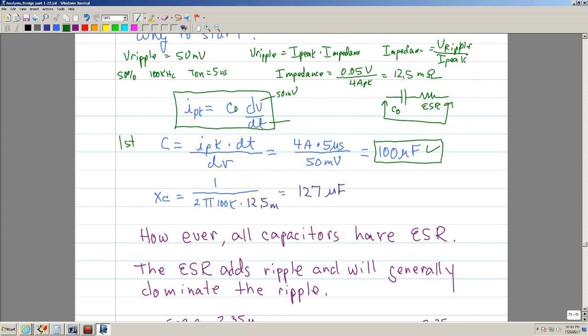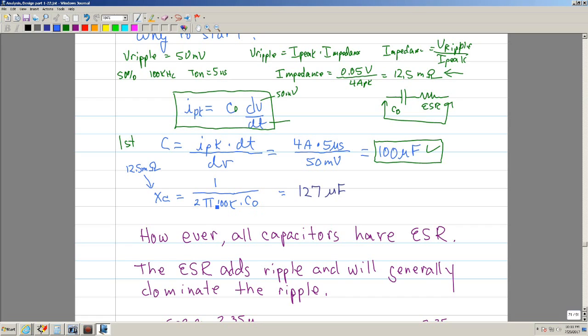Another method is, since we've already calculated what the impedance is, we can use the capacitive reactance of the capacitor. The reactance formula looks like this. In this case we know that this value is 12.5 milliohms.